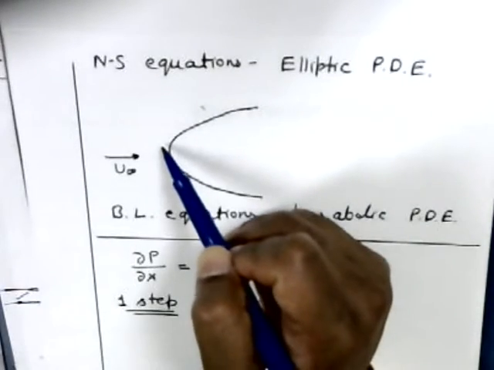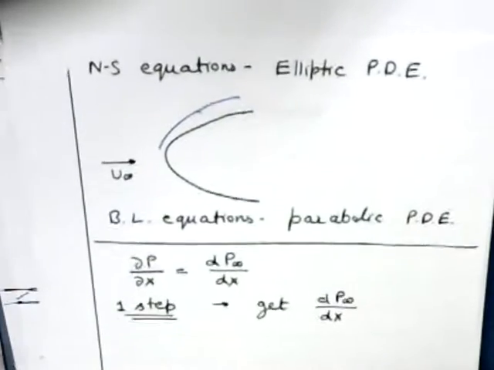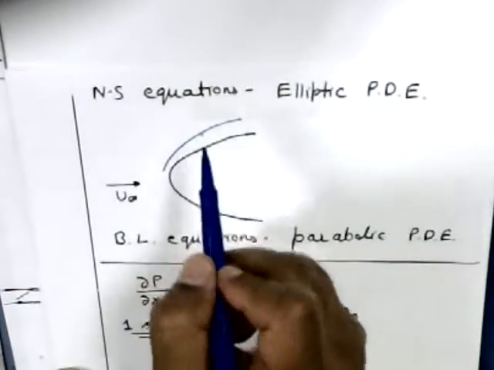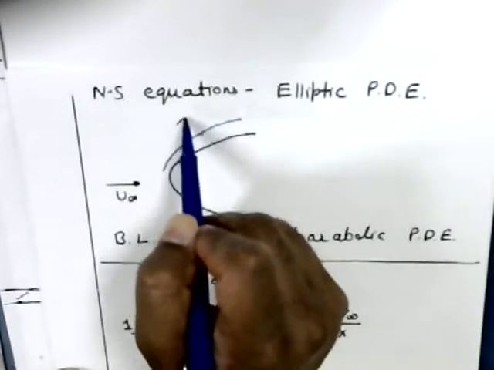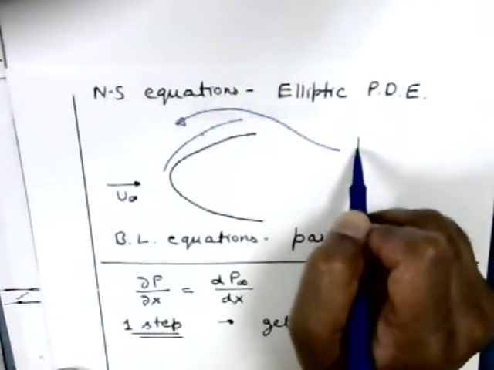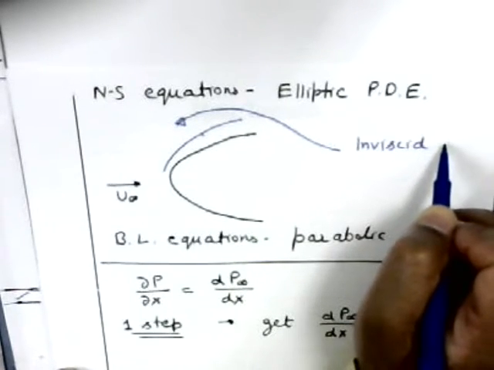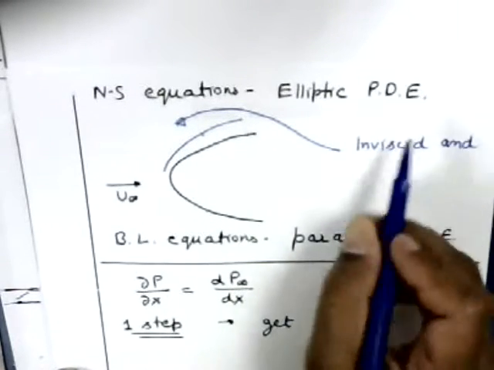Okay. Now, because the boundary layer is thin, the boundary layer grows like this. In the region outside the boundary layer, so in this region, the flow is inviscid and irrotational.